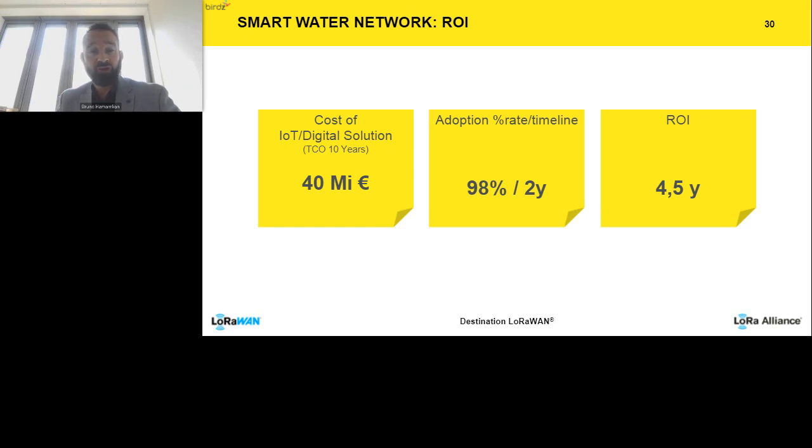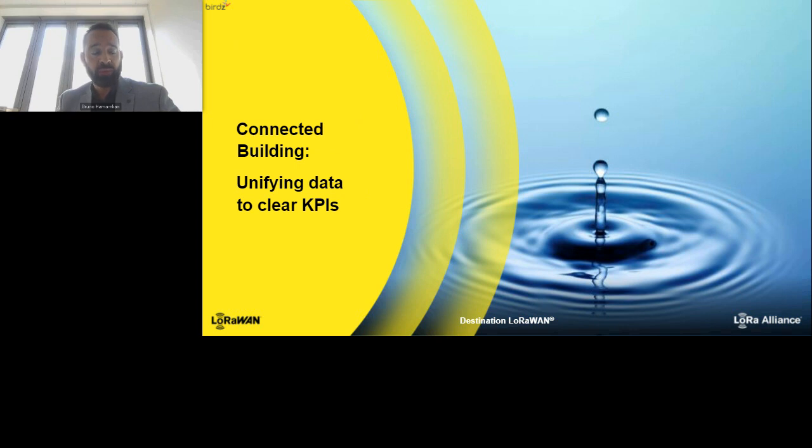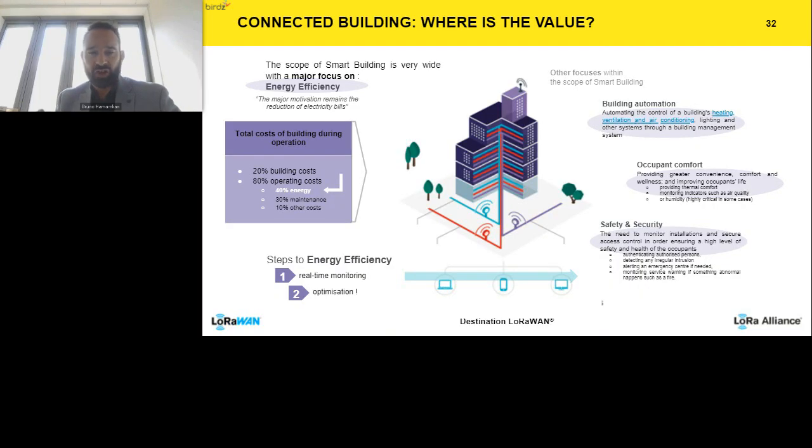Other elements, and to make a complement to the voice of Nicolas regarding building. It has been said effectively that construction companies need to manage different assets when they are building a new facility or a new building.